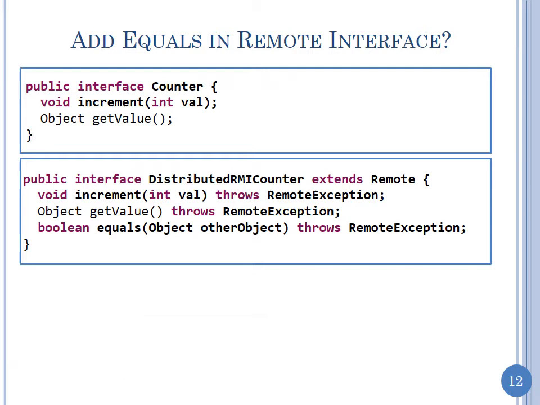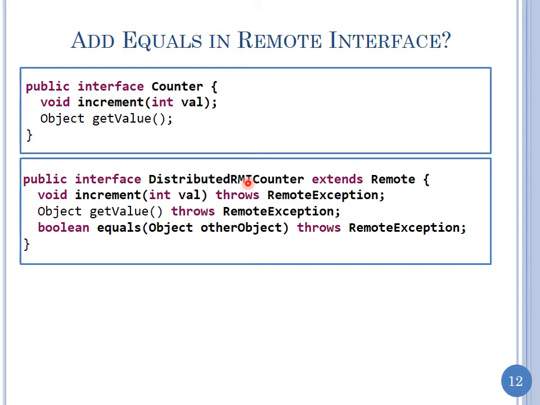So, could you go and add equals in the remote interface? And then you would have... So could we do that, by the way? No. Why not? Because we discussed... Sorry? It's a restriction. And here's the sort of funny thing. This is an interface, right? Uh-huh. Is an interface a subtype of a class ever? No, right?